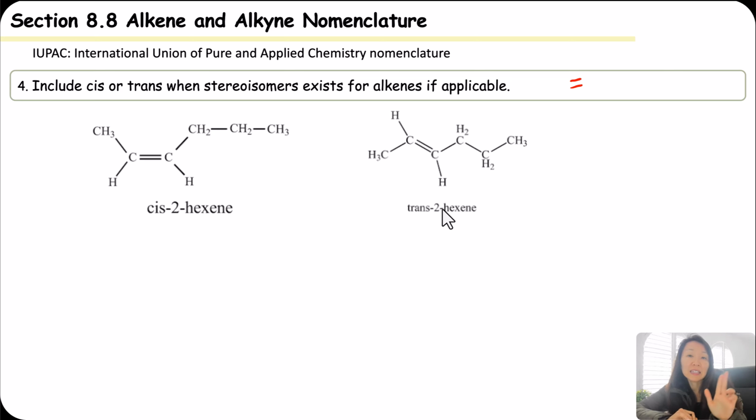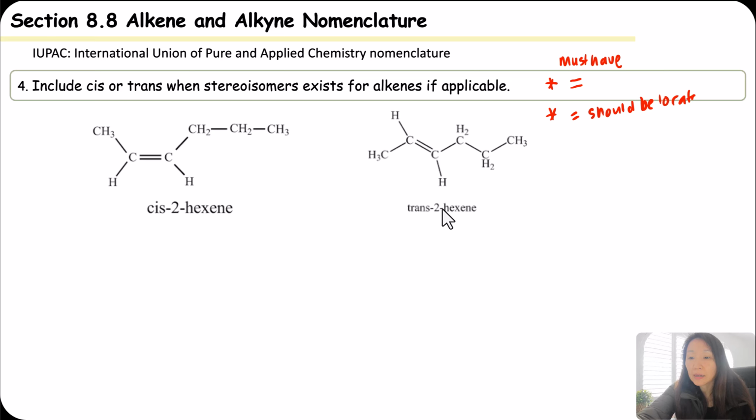The cis and the trans are applicable only for alkenes, those with the double bond. And on top of that, the double bond needs to be located towards the middle, not the very end. So the criteria for cis and trans: it must have a double bond, and the second one is the double bond should be located in the middle.